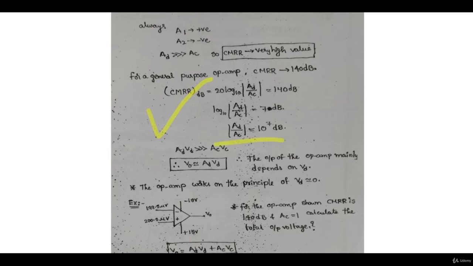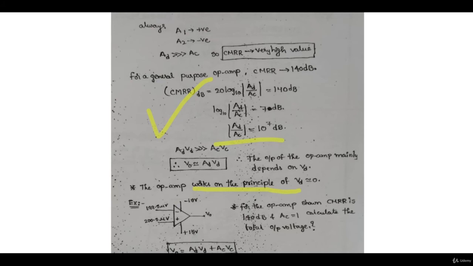An op-amp usually works with a differential voltage equal to 0, which is the virtual ground concept. Usually both the terminals will be approximately at the same voltage, which we will see later.